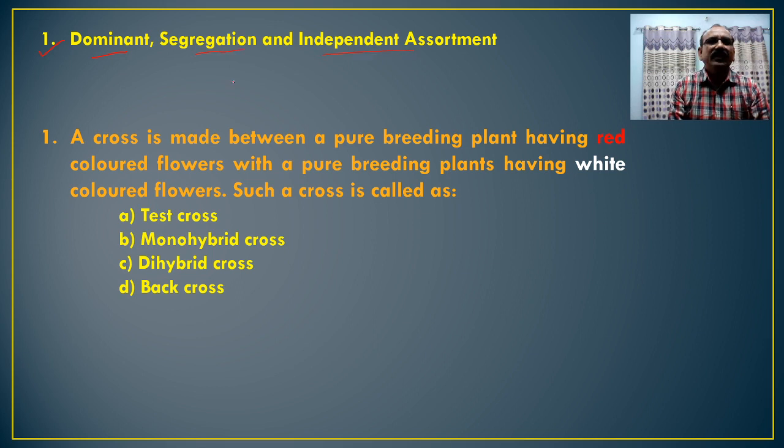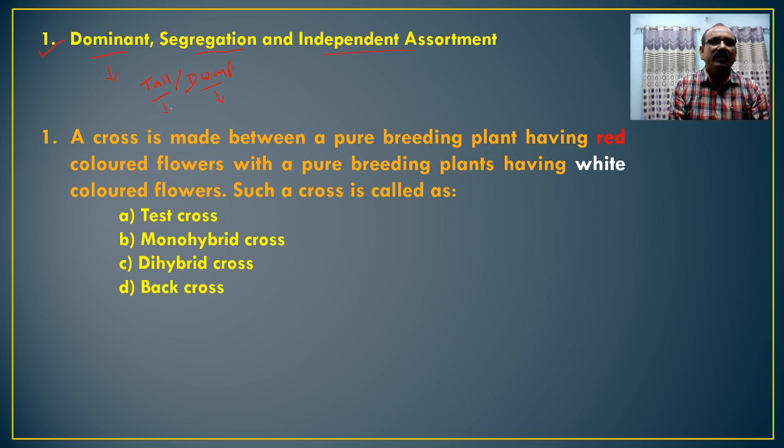Dominance means that out of a pair of 2 characters, for example, one is tall and the other is dwarf, the character which expresses itself in the F1 generation is known as the dominant, and the character which does not express in the F1 generation remains suppressed and expresses itself in the F2 generation is known as the recessive.